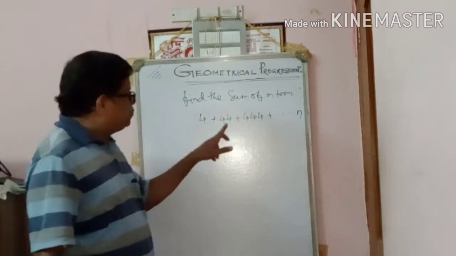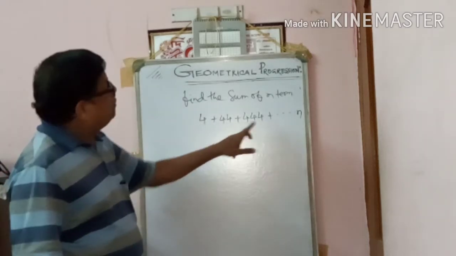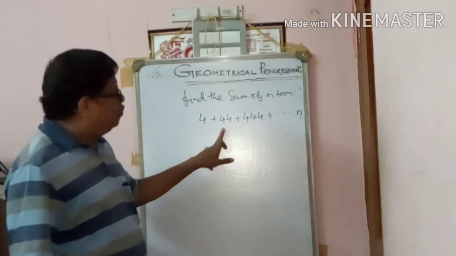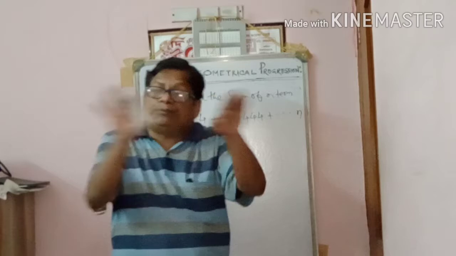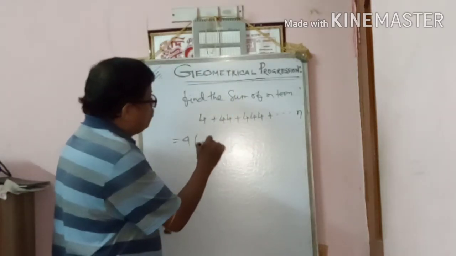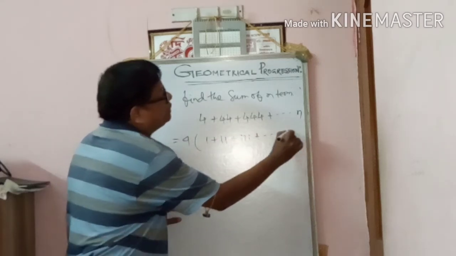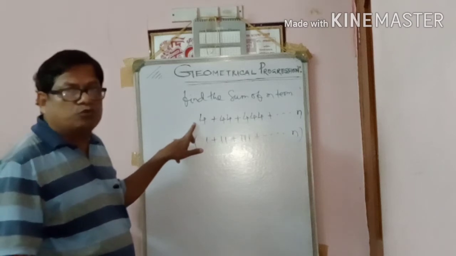First, 4 by 4 is 1, 1, but 44 by 4 will not give 11. So you have to convert this series into GP form. How to convert? First you take 4 common.